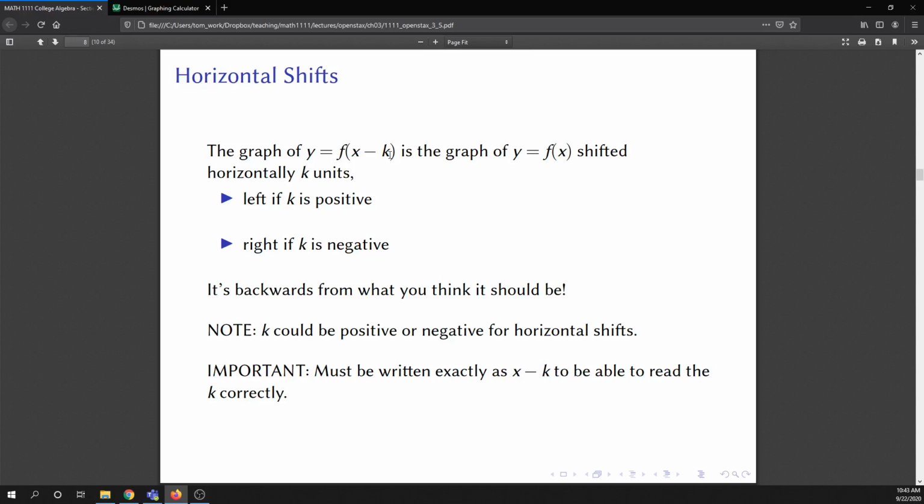That's why. It must be written exactly like that to get the k correct. Again, if you look at other sources, they might do it slightly differently than how we've done it. They might always write theirs as x plus some number k. I just think this way is easier to understand.